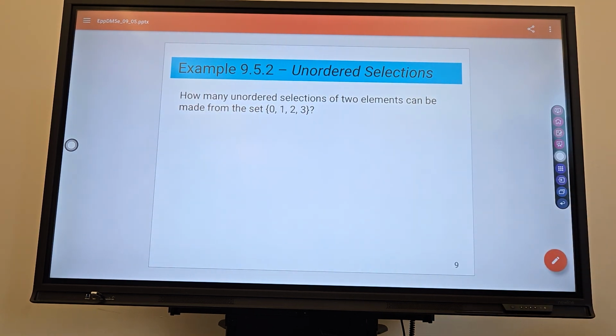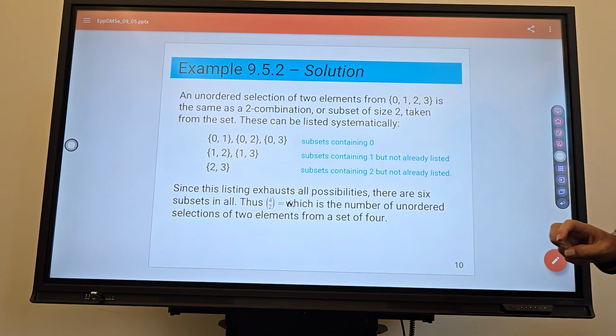How many unordered selections of 2 elements can be made from the set 0, 1, 2, and 3? An unordered selection of two elements is the same as a 2-combination, or a subset of size 2, taken from the set.